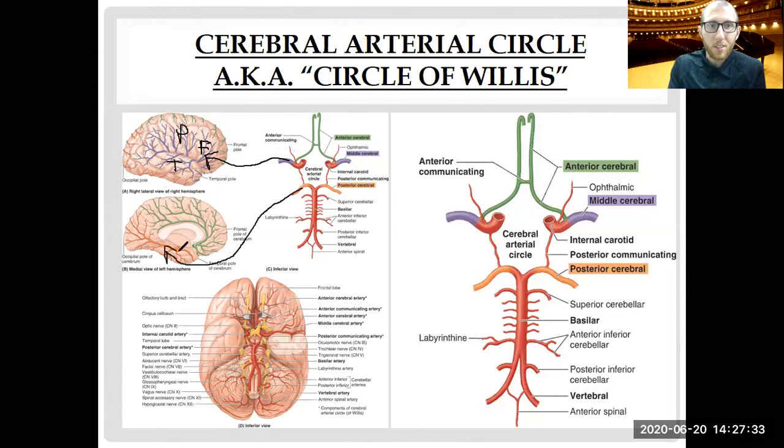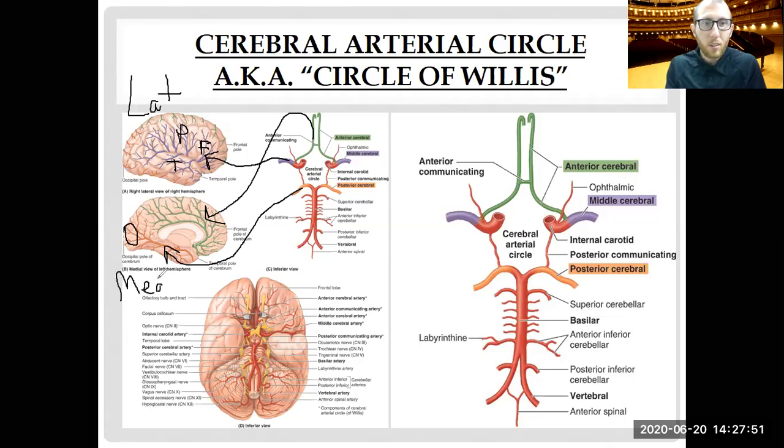So posterior is coming over, it's hitting that occipital lobe, and then anterior is coming up and doing the medial. So this is a lateral view up here, but down here, this is a medial view. The medial cerebrum, as well as that frontal lobe.